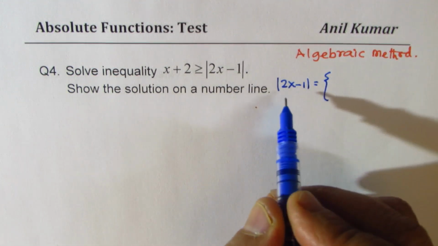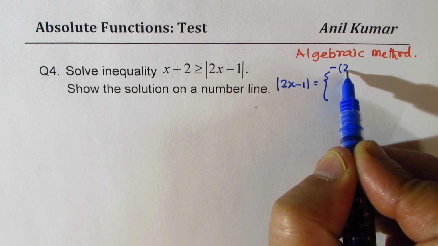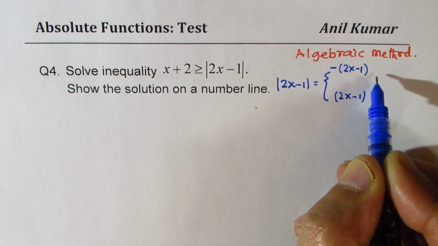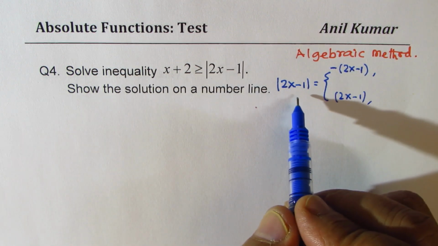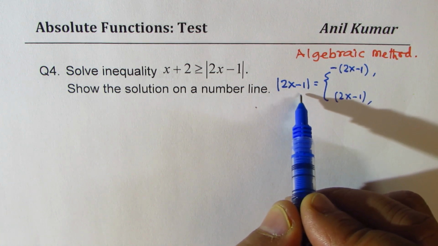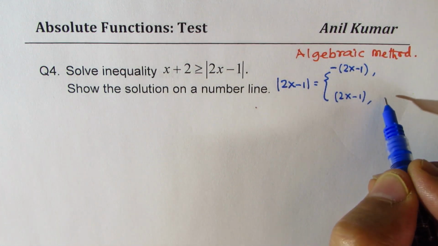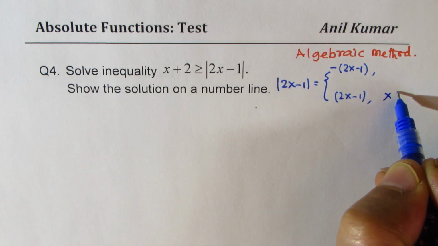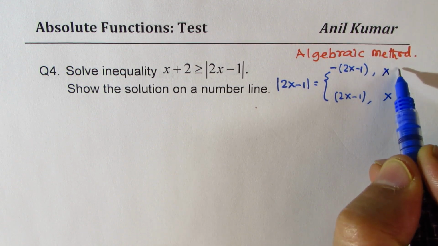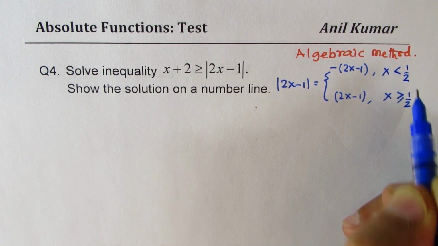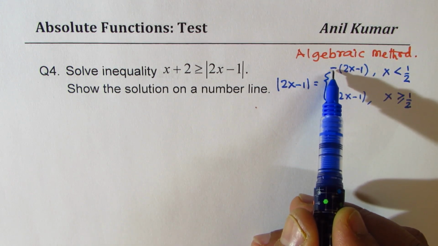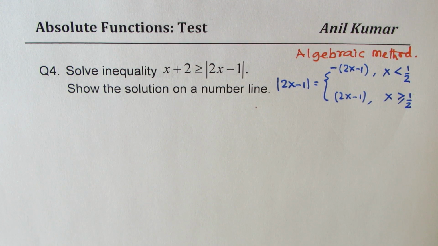Now this could be defined as negative of 2x minus 1 or positive of 2x minus 1, depending on which region we are working with. So we have to look at the inside function. Inside function is positive for x greater than half, we'll say equal to also, but is negative for x less than half. Since absolute function is always positive, we reverse it, right? So that's how you define it.